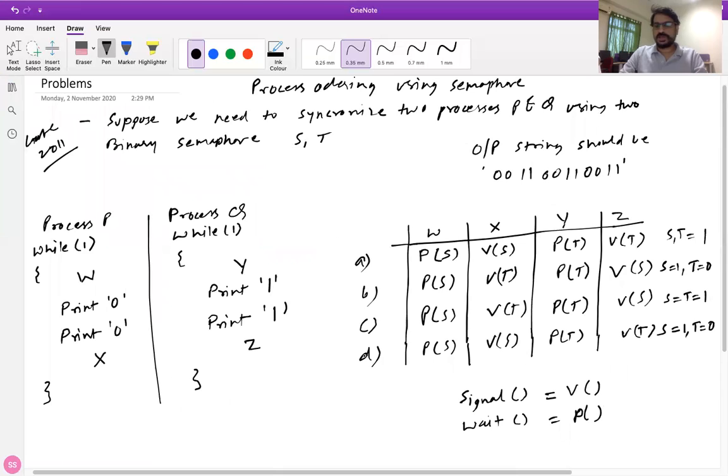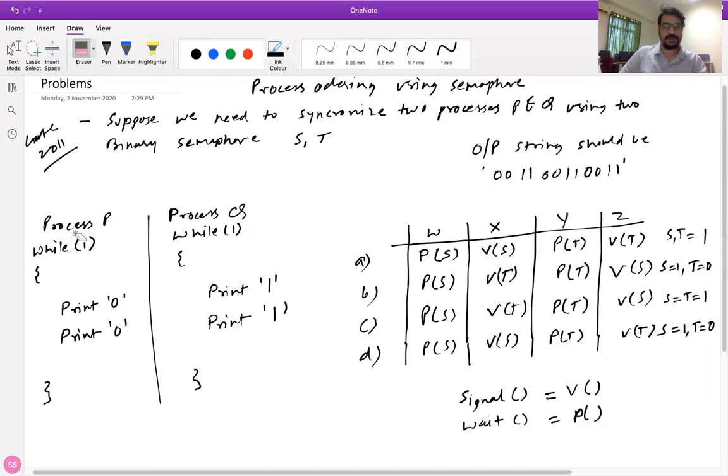Now let's try to solve this particular problem. We'll solve it by putting the values of w, x, y, z in the empty places where w, x, y, z are written. Let's take the first option, option A. Instead of w, we'll write ps. Instead of x, we'll write vs. Instead of y, we'll write pt, and instead of z, we'll write vt.